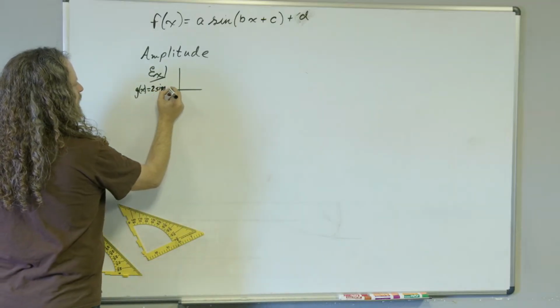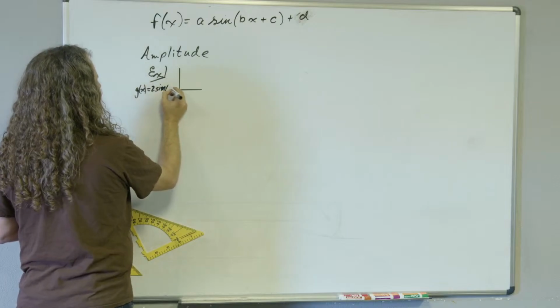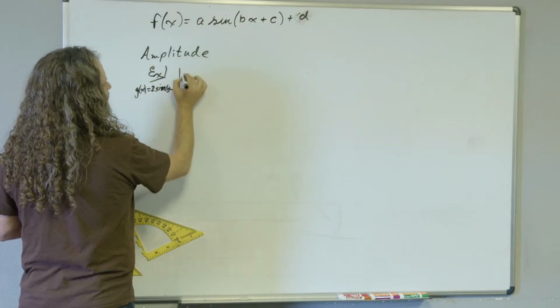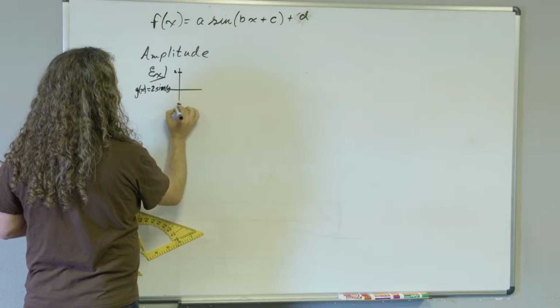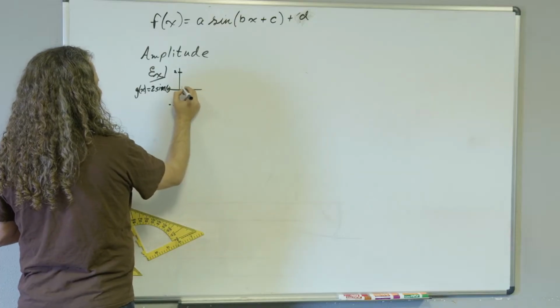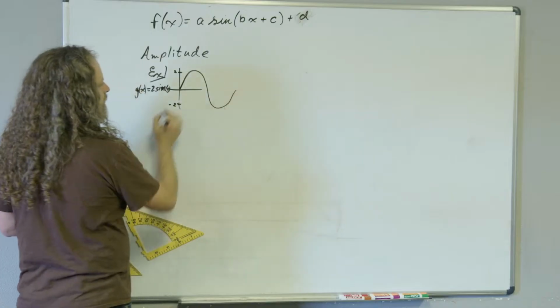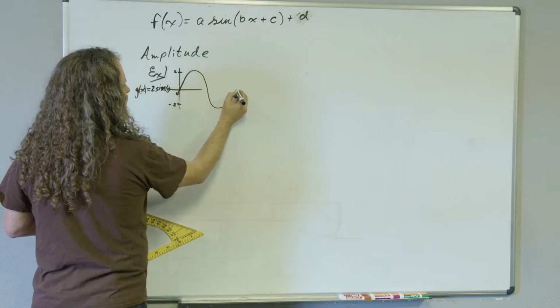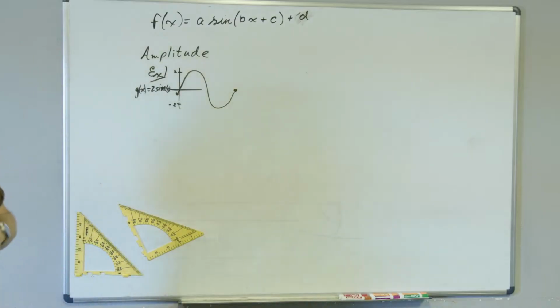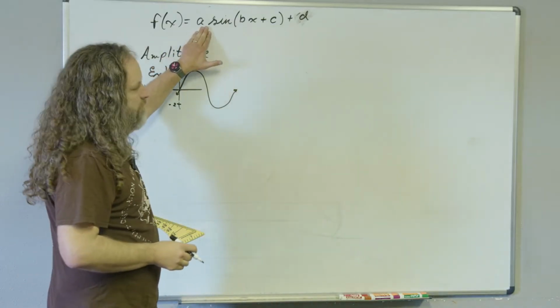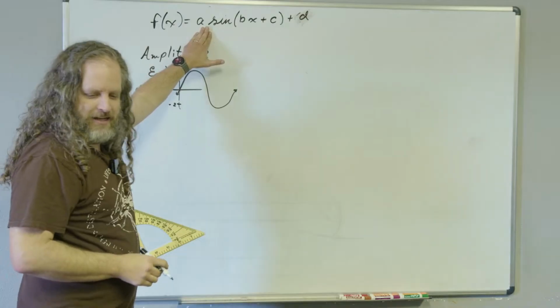If you multiply that times 2, 2 times 1 is 2. So it would go up to 2 and down to -2. Other than that, it would look exactly the same. The change is how tall it is. This variable matches our expectation from previous things, right? Easy peasy.